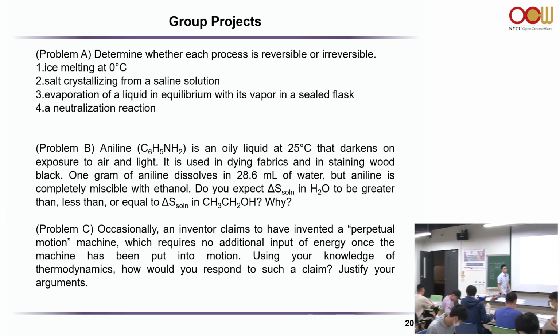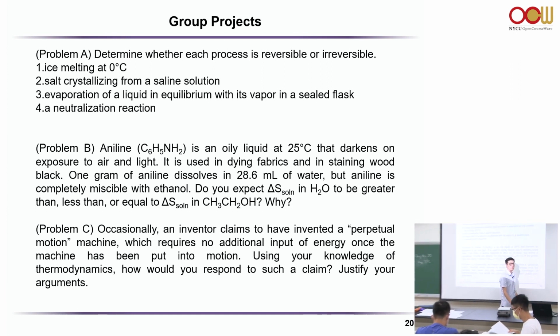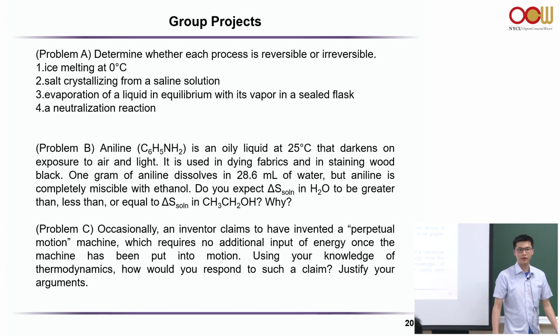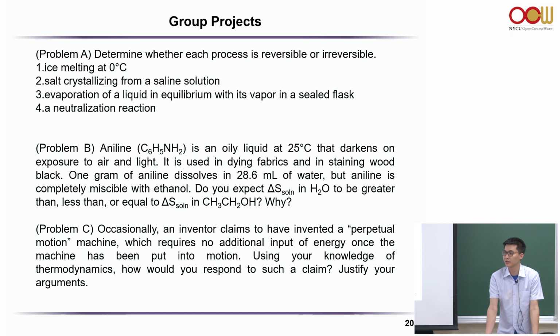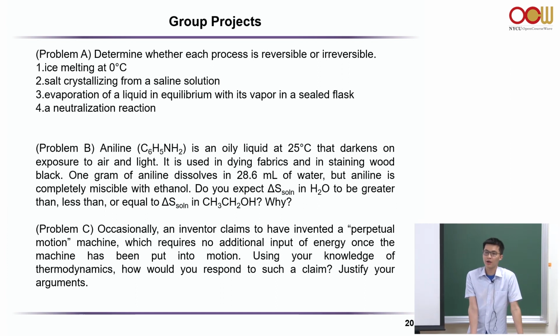Okay, so problem C is a very classical problem that was commonly claimed back in the 1920s, when the car first emerged as a new form of transportation. The reason why people came up with the explanation of thermodynamics, part of it is to try to understand how the combustion engine works.